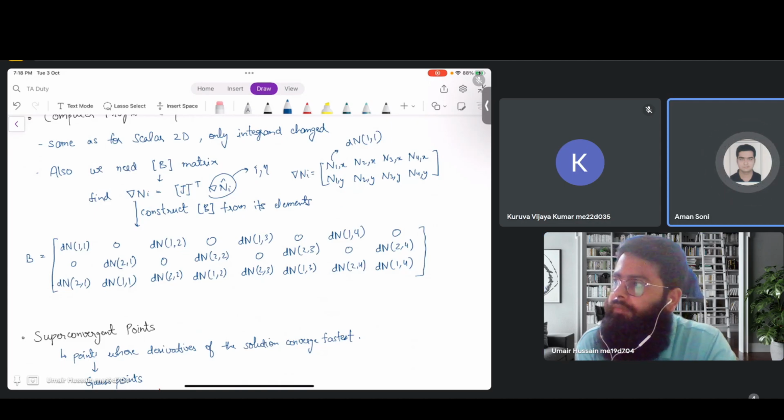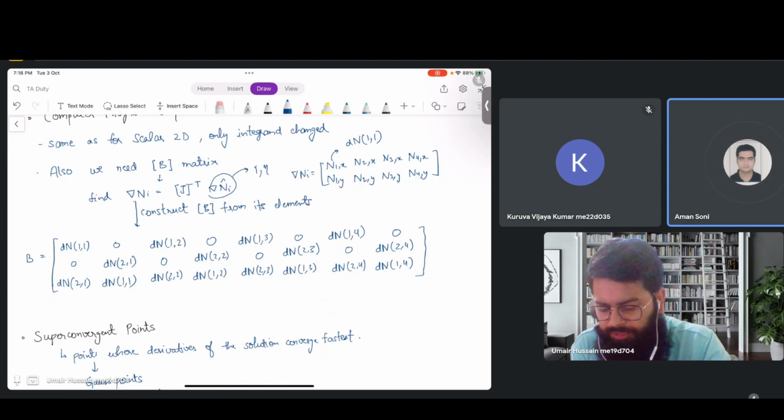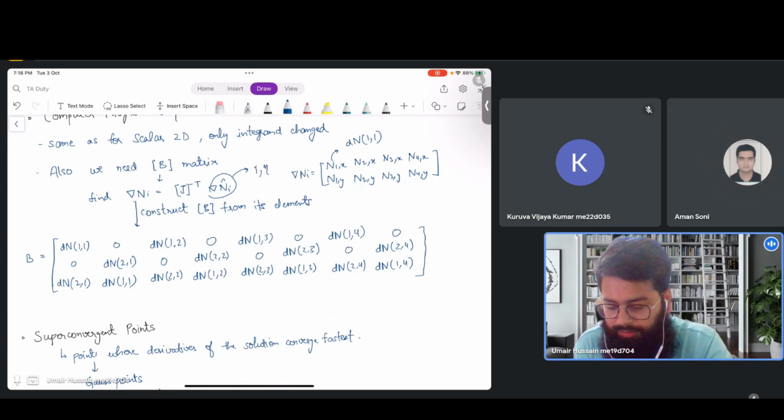You have written this B matrix as dN 1 comma 1, dN 1 comma 2. Is this dN basically the derivative of the shape function with respect to the space coordinates? dN is basically a representation of the gradient of this Ni.